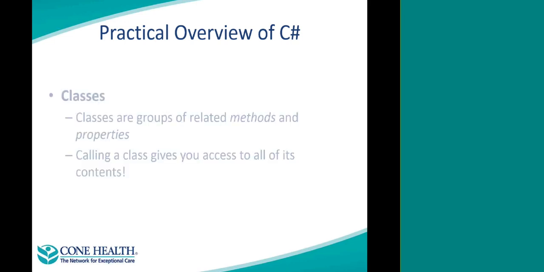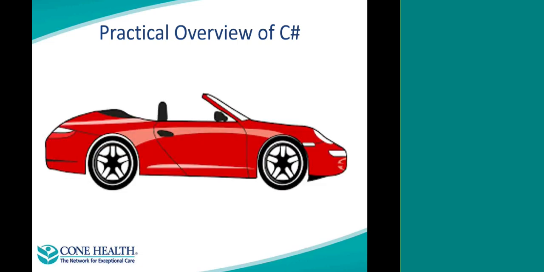To go into a little more detail with classes, classes are groups of related methods and properties, a group of related code, if you want to think of it that way, that when you call it, you get access to all of its contents. A class in this context can be thought of as a car. It's one unit, but it has different elements to it. It has properties.